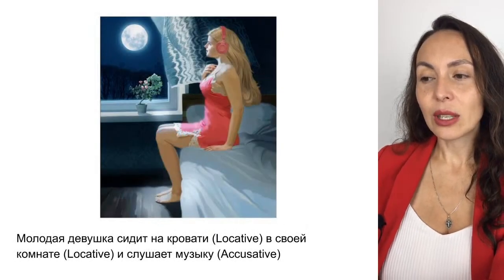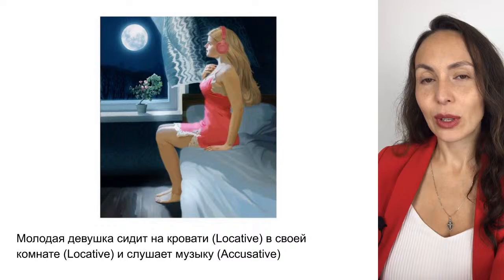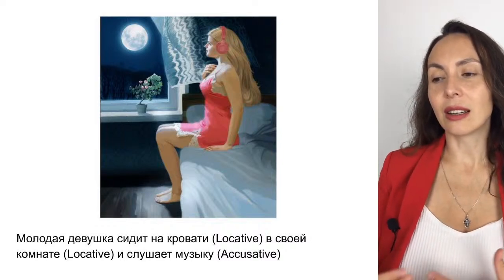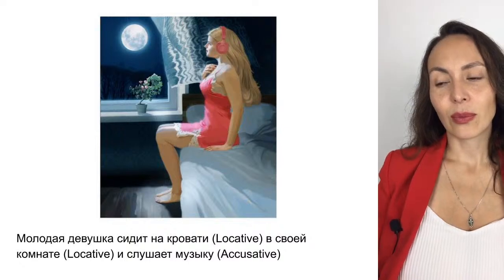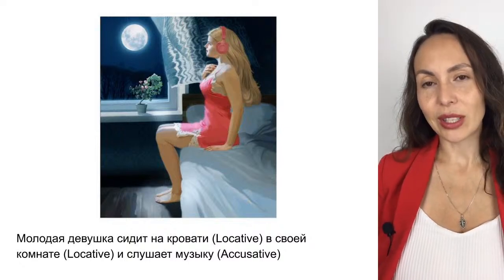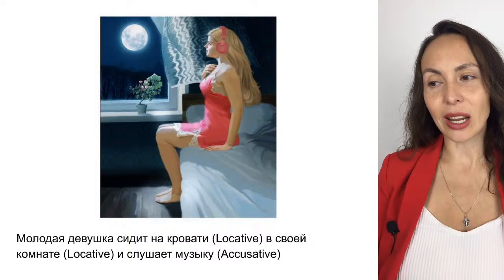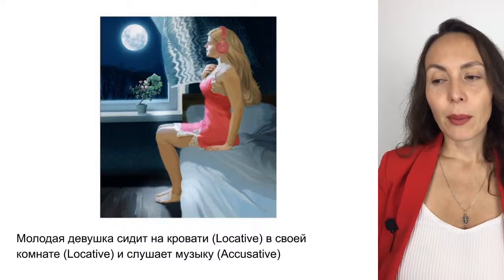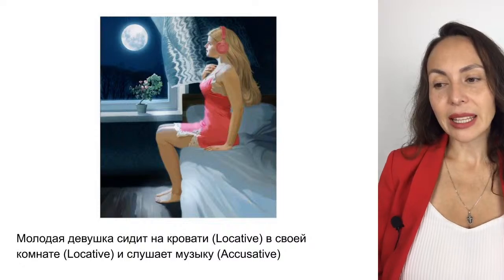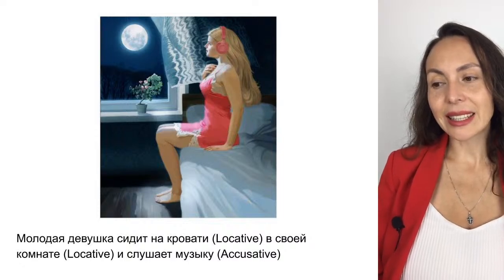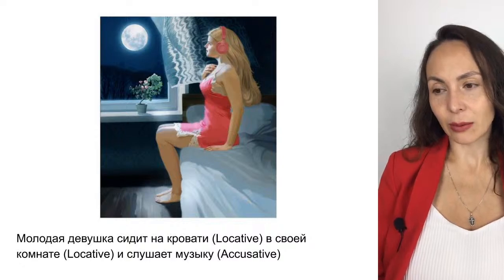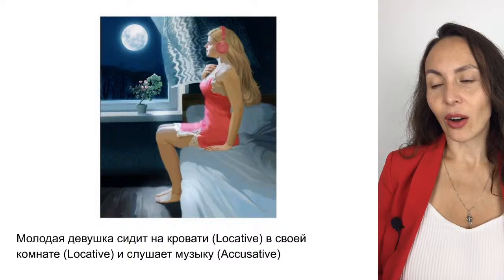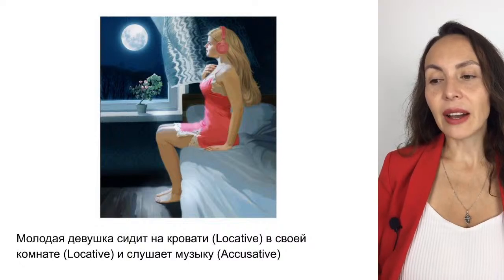For example, you look at this picture. What can you think about? Can you give some words to describe what you're seeing right now? My version is молодая девушка сидит на кровати. Locative, because it's the location of this girl. В своей комнате.